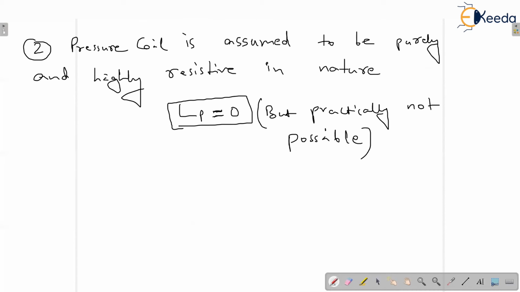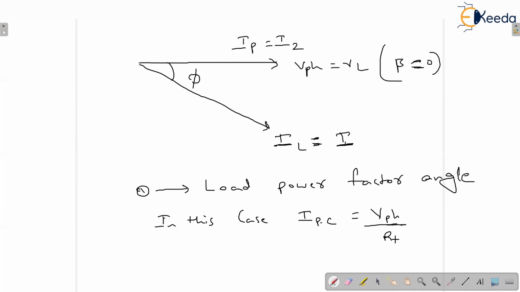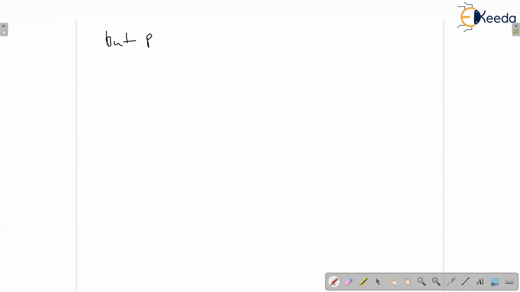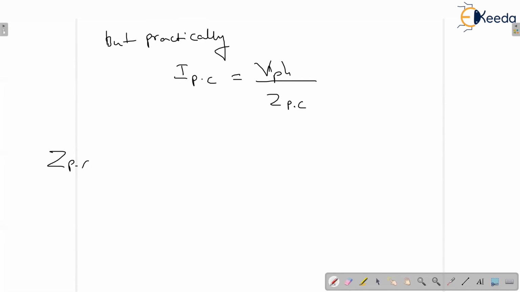In this case, the pressure coil current is V phase by R, meaning RSC. We are giving importance only to this. But practically, the pressure coil current is equal to V phase by Z of the pressure coil, the impedance of the pressure coil.